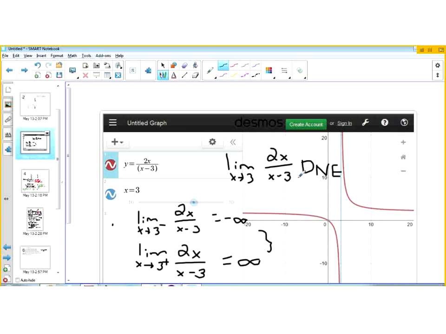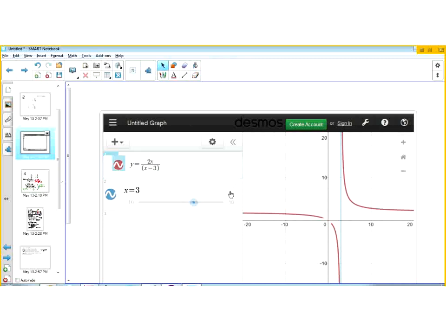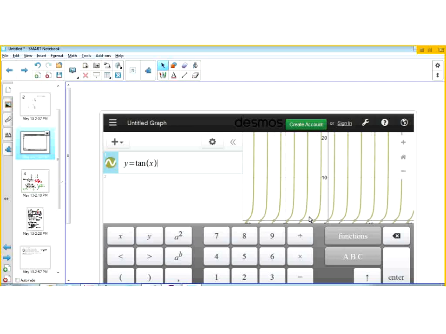We can do another example. Let's plot the tangent function. I'm going to erase this now and plot y equals tangent of x.